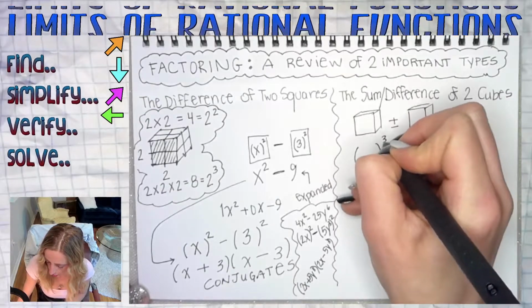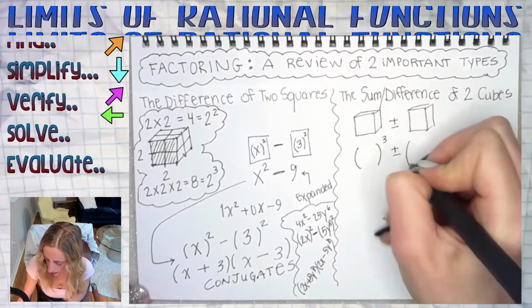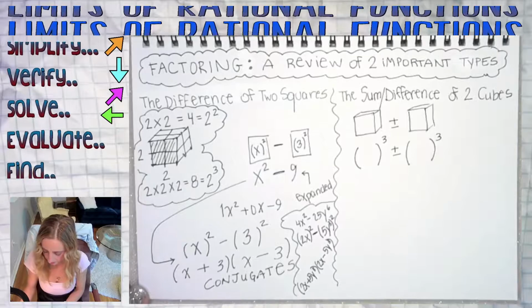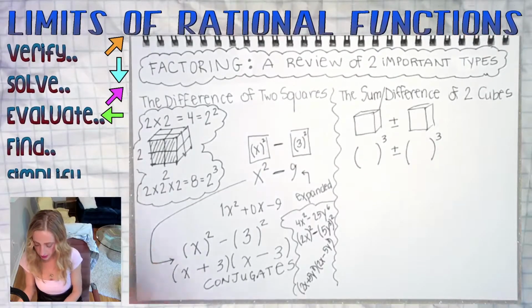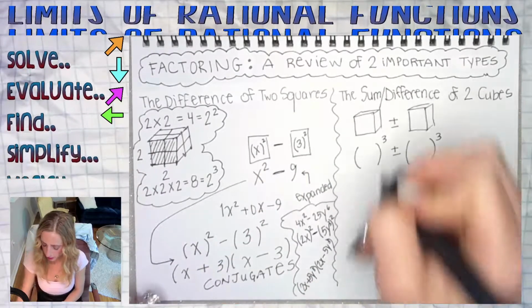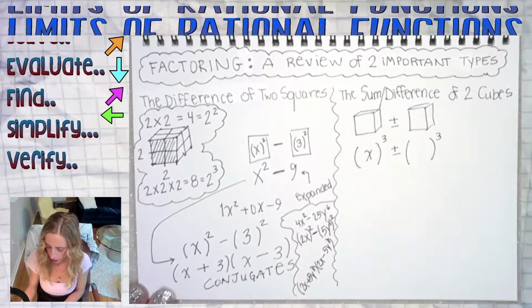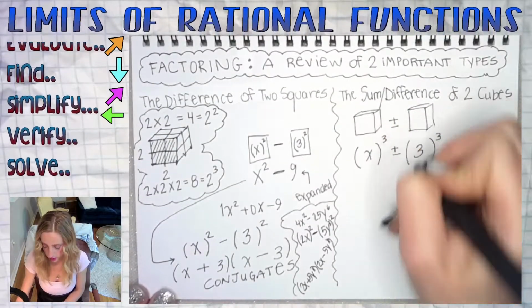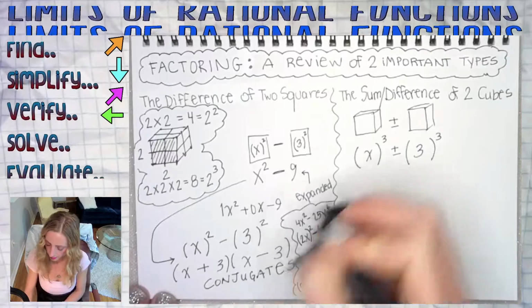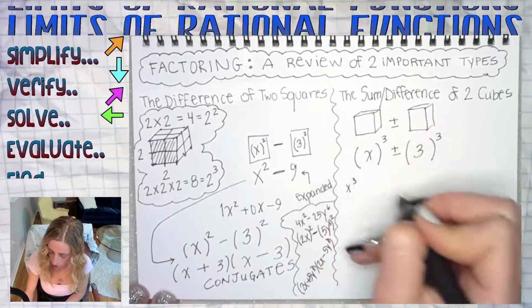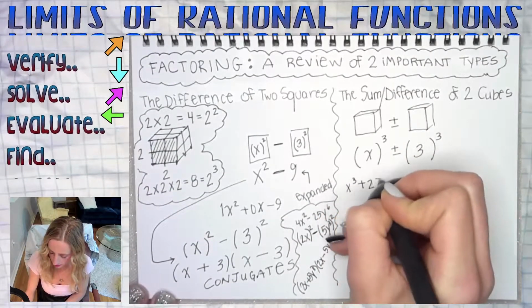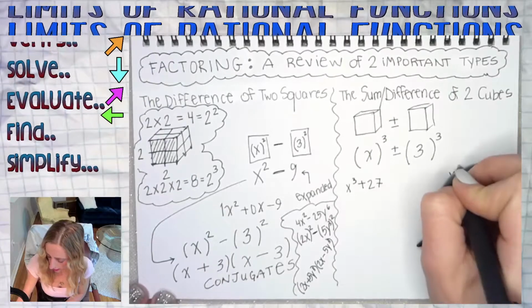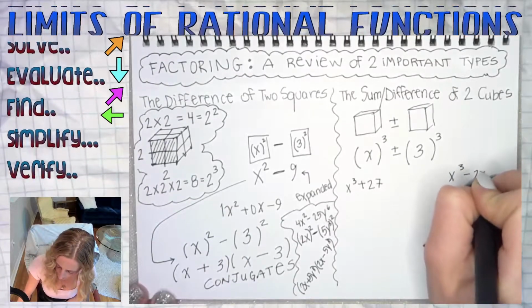Something raised to the 3rd plus or minus something raised to the 3rd. We could have something as simple as, like in this example here, x raised to the 3rd plus or minus 3 raised to the 3rd. So something like x cubed plus 27, or something like x cubed minus 27.